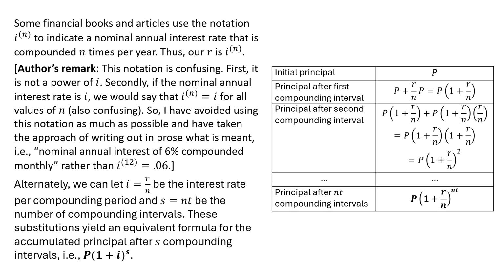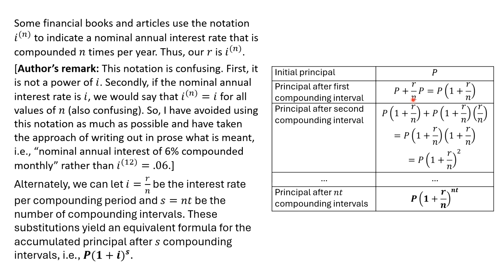In this table, I calculate the formula for compound interest. You start with the initial principal. Then after the first compounding, you have the initial principal plus the interest rate for just that one compounding period.